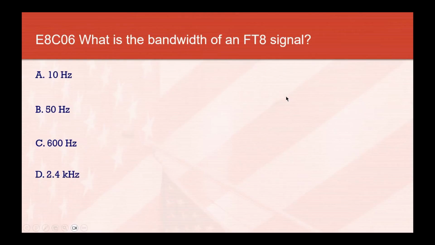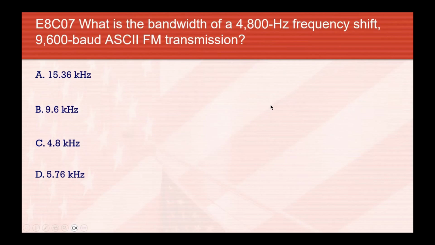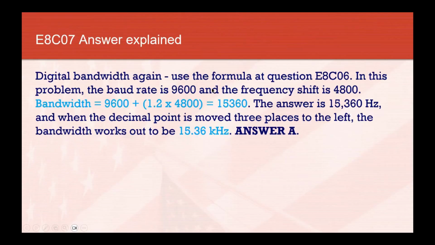Bandwidth of an FT8 signal, this is one you just have to remember, it's 50 hertz. Very narrow bandwidth for FT8, which is a good thing. Bandwidth for a 4800 frequency shift, 9600 baud ASCII FM transmission. Again, this is one I recommend just remember the answer. Now, the next slide will show how we calculate that. But since we're going to have a lot of questions dealing with that calculation, I think the easy way to do this one is just remember the 15.36 kilohertz.